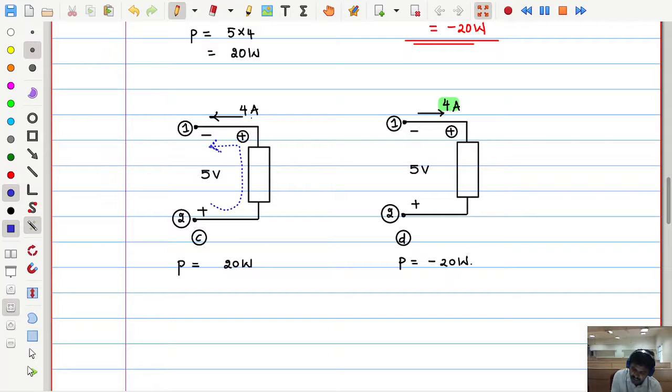Where is the 4 amperes current entering this element? Is it at the positive side or the negative side? That you need to look for. Positive side, so this plus will not be there.